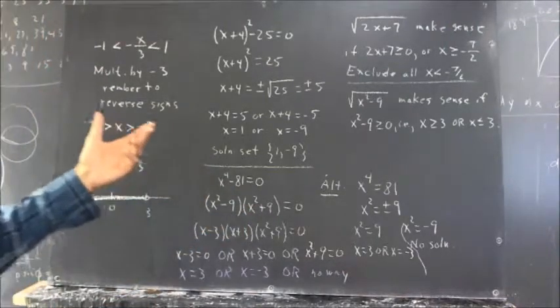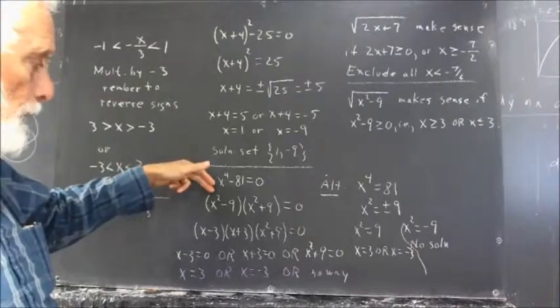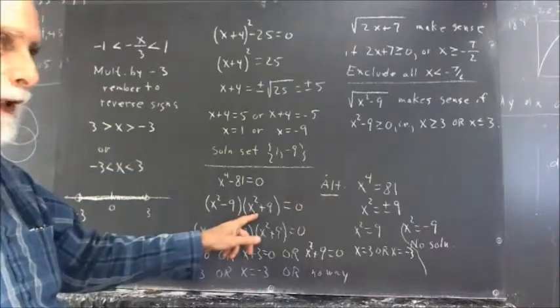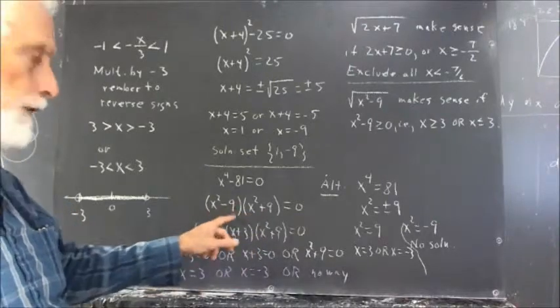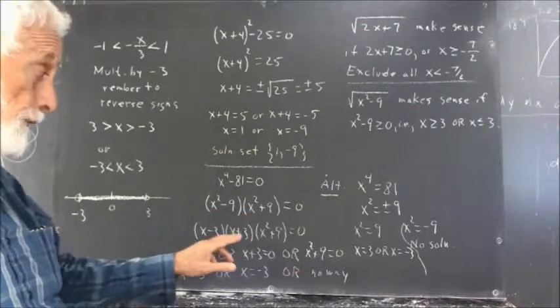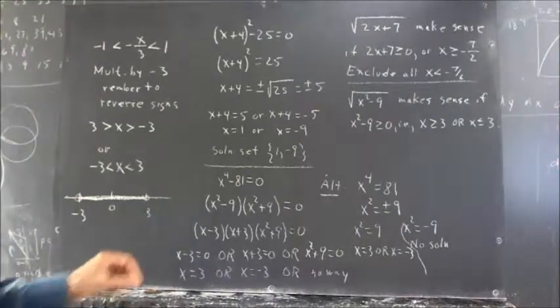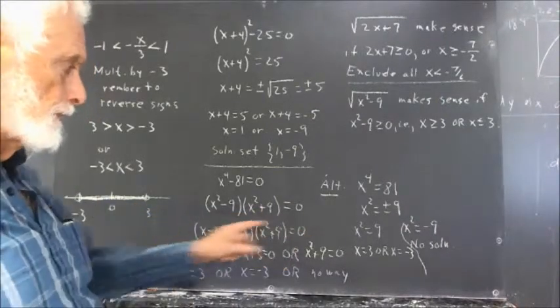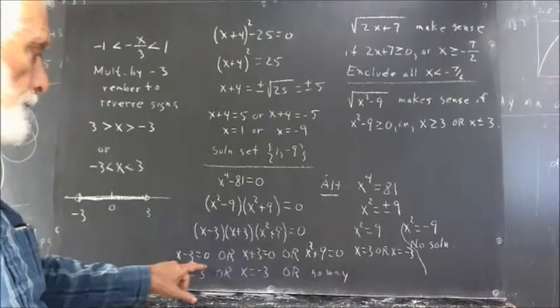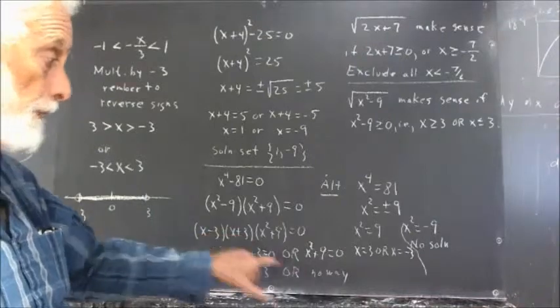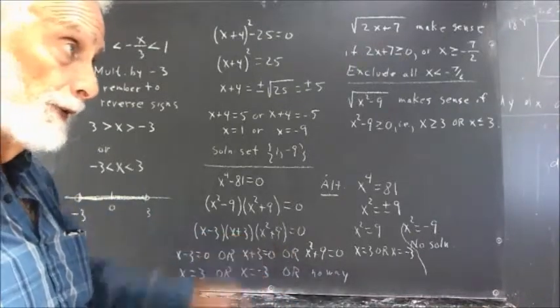But okay, so we have x squared minus 9 times x squared plus 9 equals 0. We can't factor x squared plus 9, but we can factor x squared minus 9 into x minus 3 times x plus 3. And then our solution, since all this is equal to 0, is either x minus 3 has to be 0, or x plus 3 has to be 0, or x squared plus 9 has to be 0.